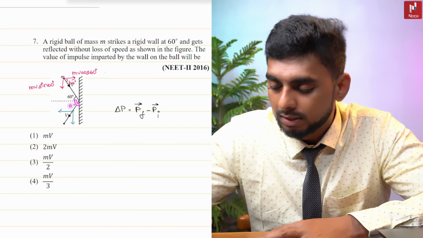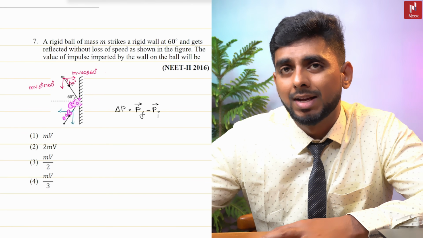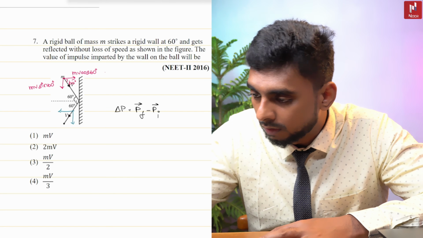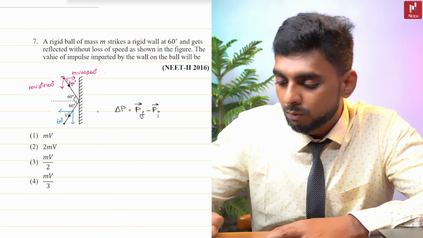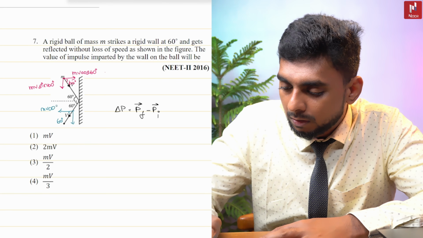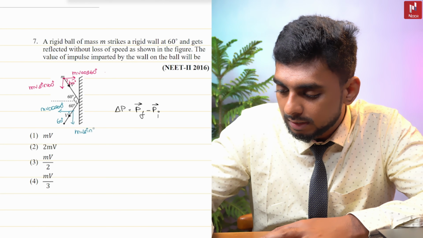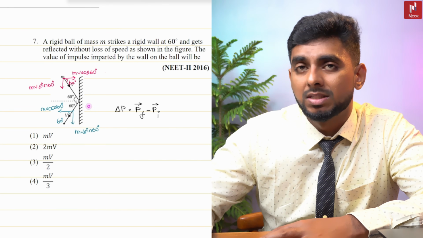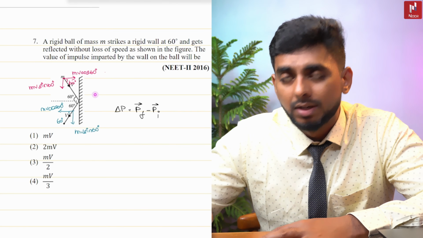So this was 60 degrees, then obviously these two angles will be the same because they are alternate angles, so 60 degrees over here. What should be the horizontal one? That will be mv cos 60 degrees, and this one will be mv sin 60 degrees. The x component matched with the cosine component, the same way the y component matched with the sine component. Got it? You shouldn't have a doubt in this case.